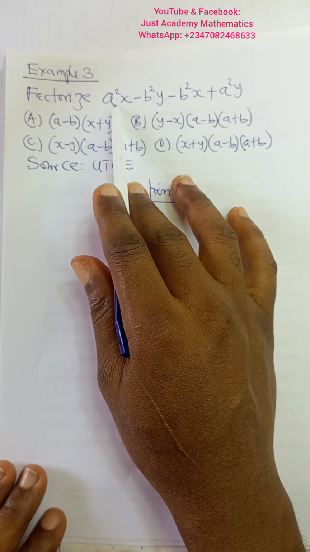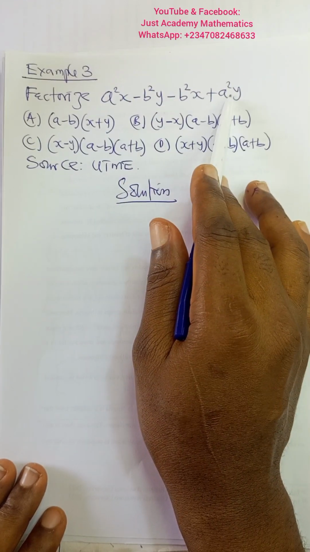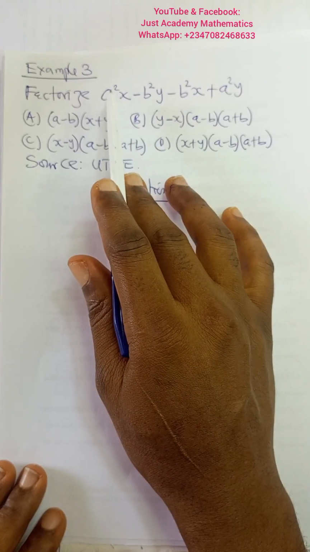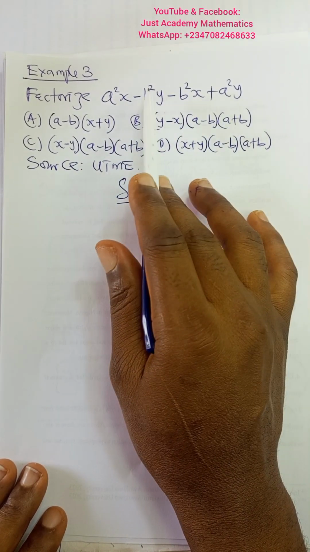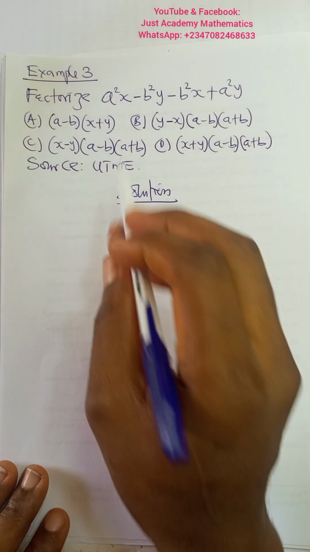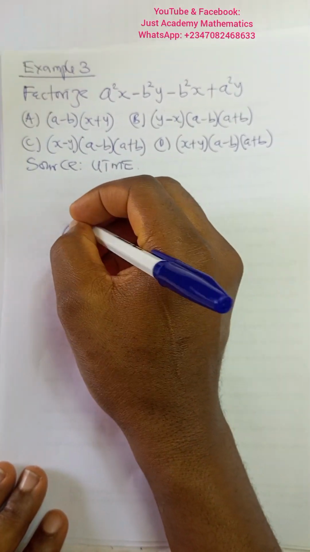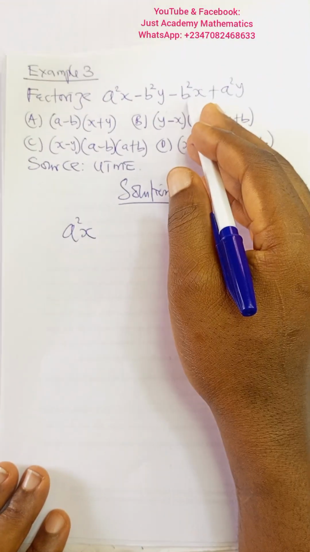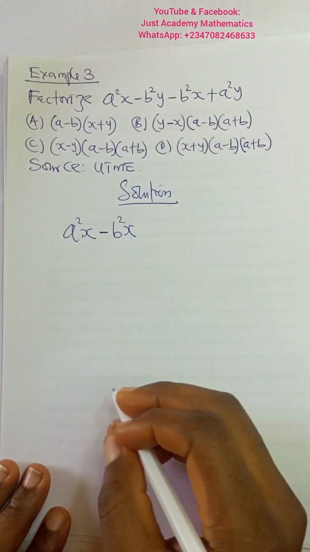But this one and this one has something in common, and this has something in common. Or we can say this and this has something in common, and this has something in common. So whichever one you want to pick. I can as well rearrange this by calling it a square x followed by minus b square x.